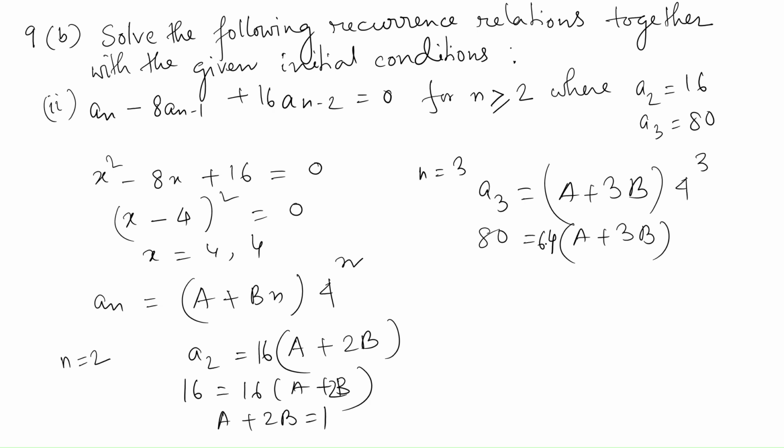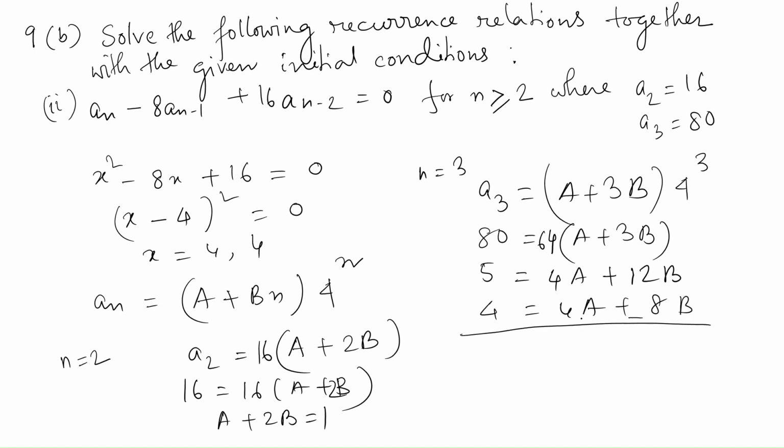Now we can cancel here. 5 equal 4a plus 12b. Now a plus twice b equal 1, so we can multiply with 4. Then we will have 4 equal 4a plus 8b. So 1 equal, this is cancelled, 4b. b equal 1 by 4.